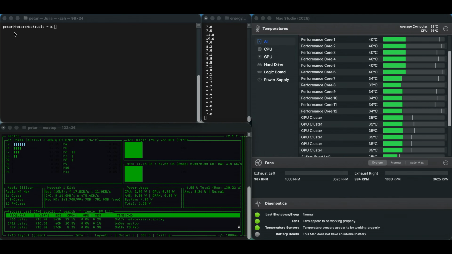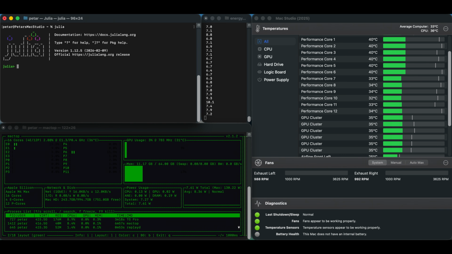In this Julia session, we're building up the two key measurements behind the Roofline model, memory bandwidth and compute throughput, starting with the CPU. We begin by loading two packages. LinearAlgebra gives us access to optimized numerical routines like BLAS, basic linear algebra subprograms.